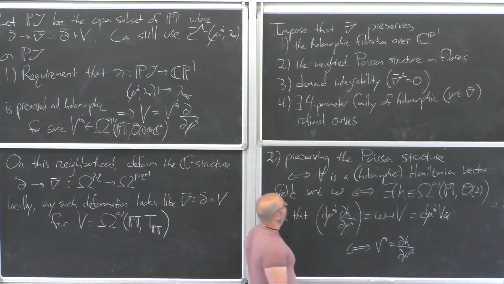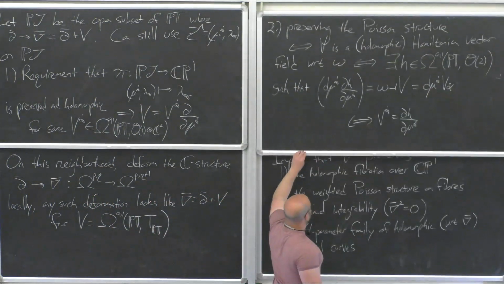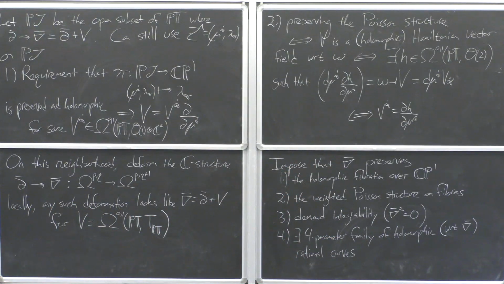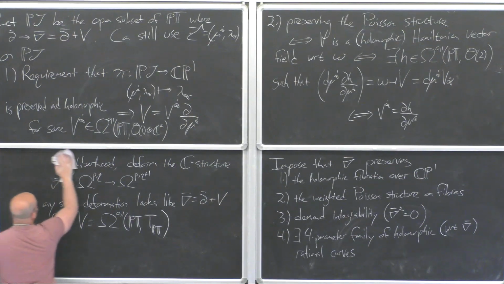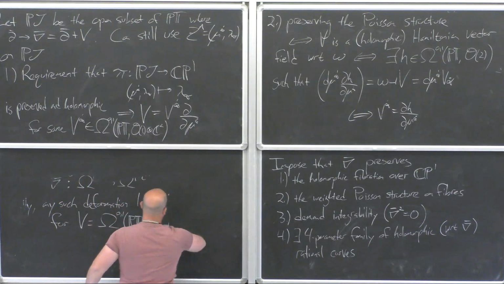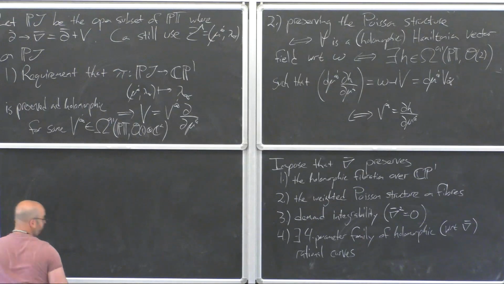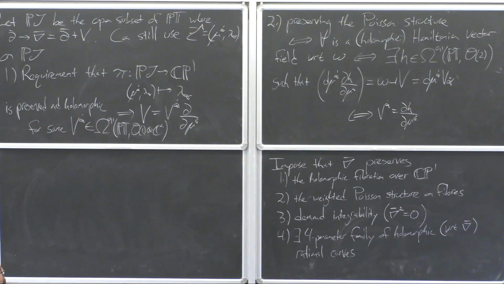So actually, we've already constrained the form of this complex structure deformation quite a bit. There's not a whole vector's worth of degrees of freedom. There's really only kind of a function's worth of degrees of freedom, or a differential form's worth of degrees of freedom. In the sense that preserving Poisson structure is kind of different than just Newtonian.